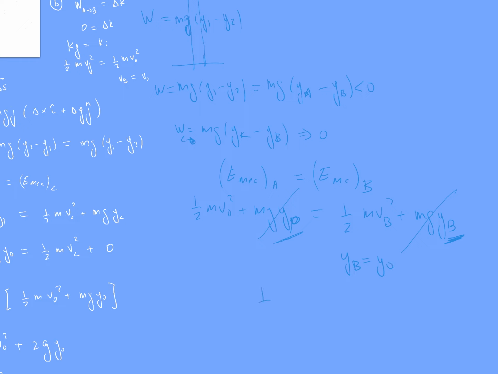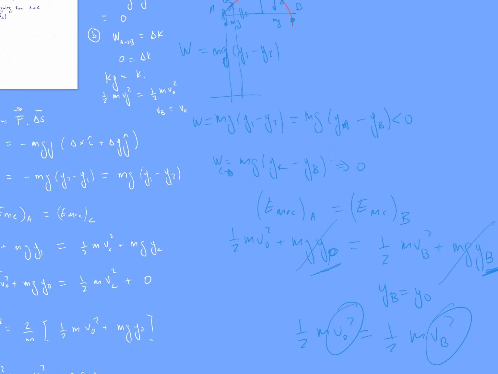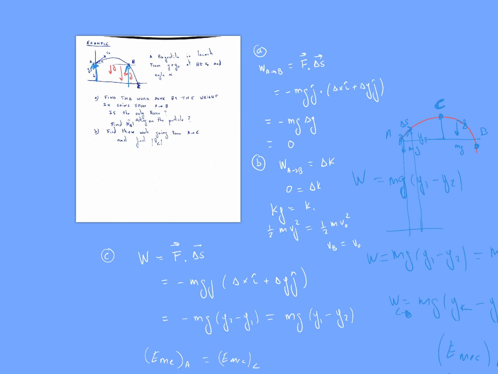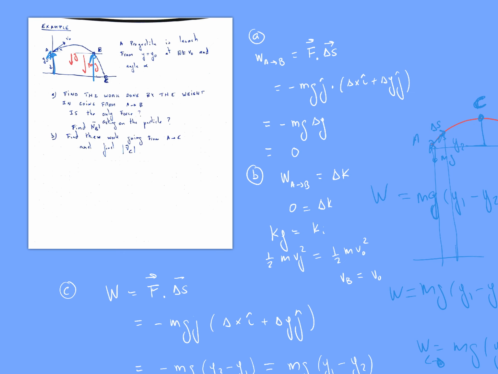So it will have one equation, 1/2 mv0 squared equal 1/2 mvv squared. So the only conclusion is that v0 squared should be equal to vv squared. So the magnitude, the speed, at the point V is the same.